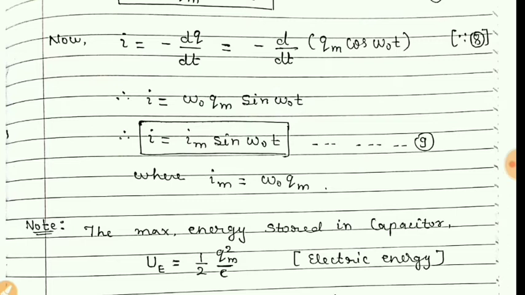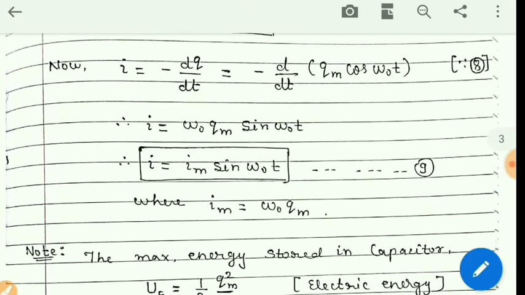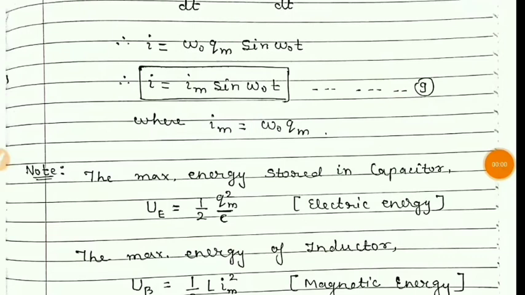So here putting omega naught qm as im, that is maximum current, we get this equation of current. So we can say that im is equal to omega naught qm.